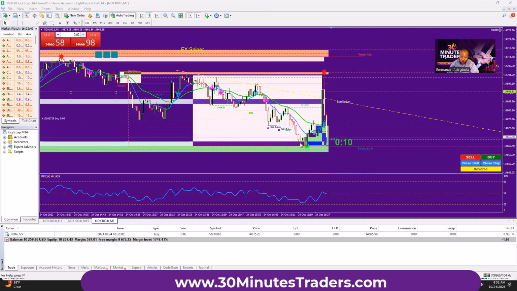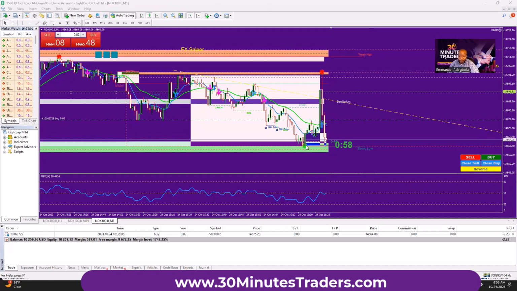It's just to come and sweep those retail traders that put a buy and put their stop losses. That's why I don't use stop loss when I'm scalping market like this. It can just come and sweep it. But if it breaks this area, then it might be on its way down. But let's see.